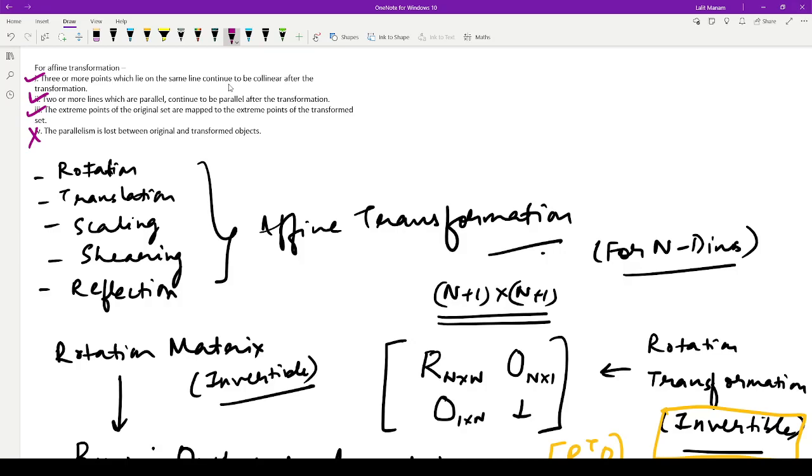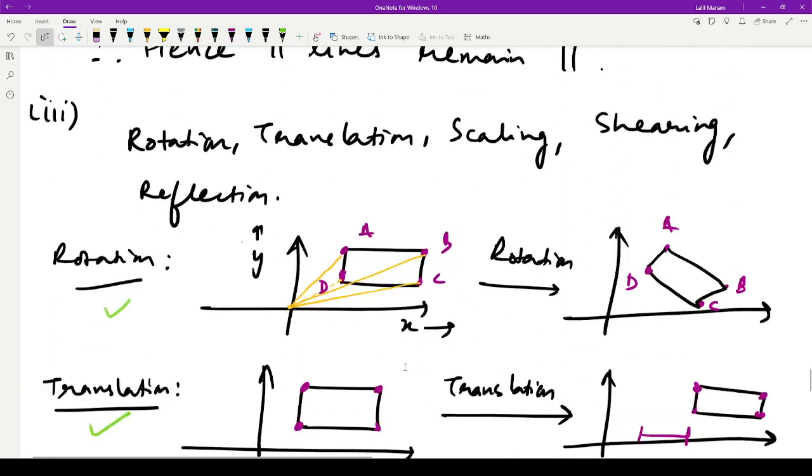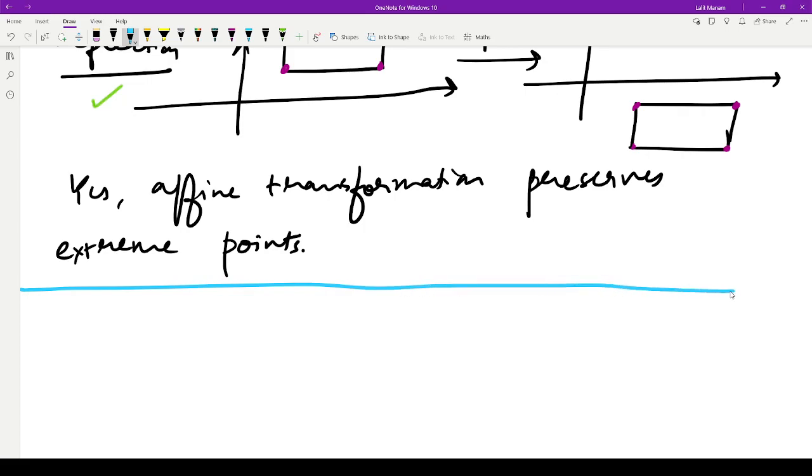So the statement that parallelism is lost is false. Okay, so this question is done. Does anyone have any doubts? Took slightly long, but I guess we covered the basics of all the different aspects of affine transform.